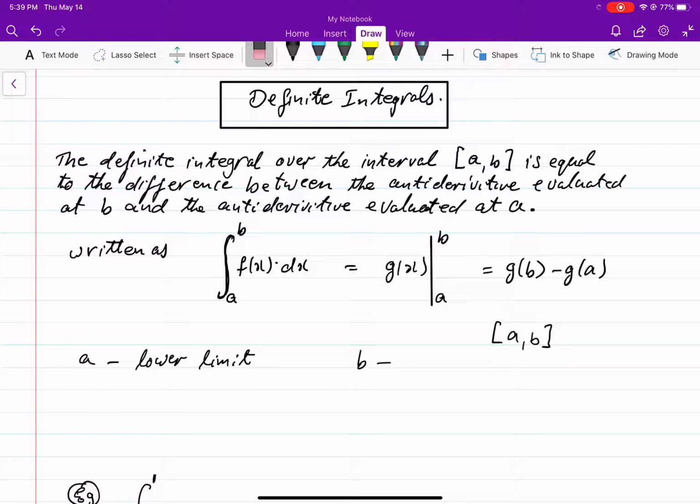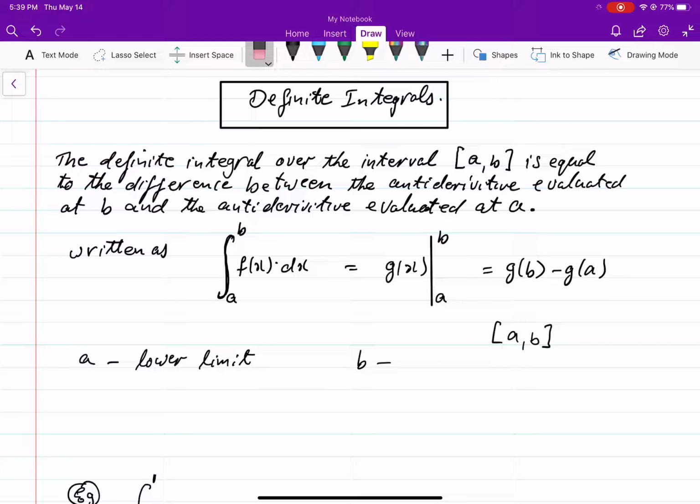But when I write AB in parentheses, I'm talking about a pair of x and y coordinates. So it depends upon the context. Whenever I say an interval AB in square brackets, it means a lower limit, a lower x value of A, and an upper x value of B.